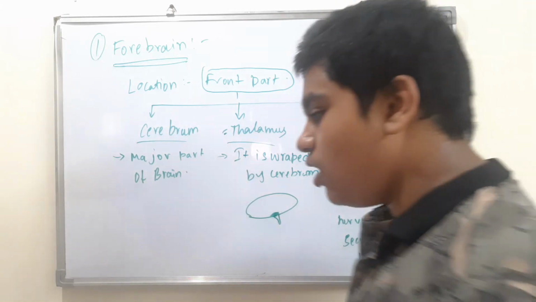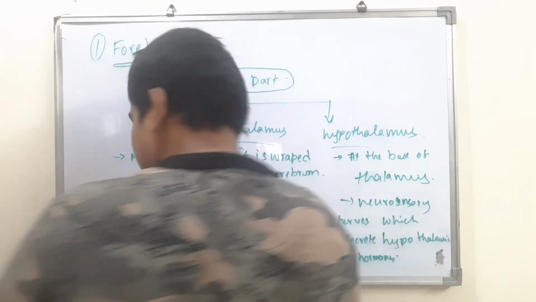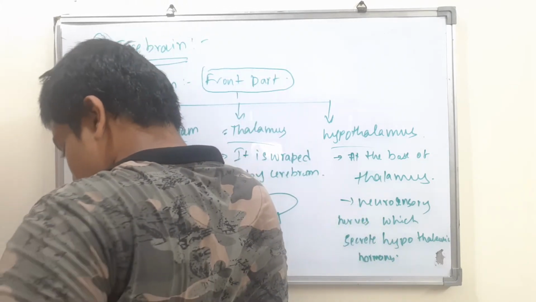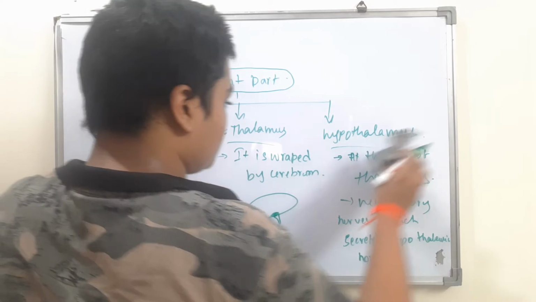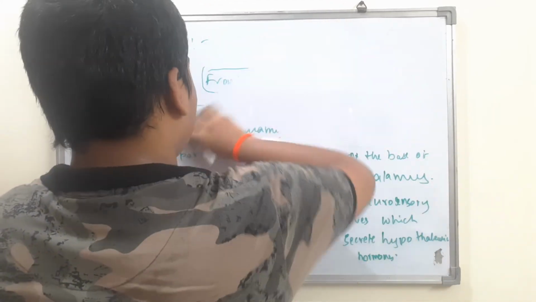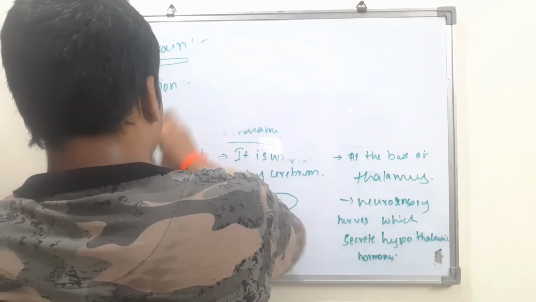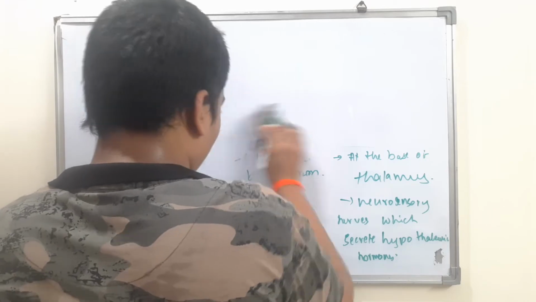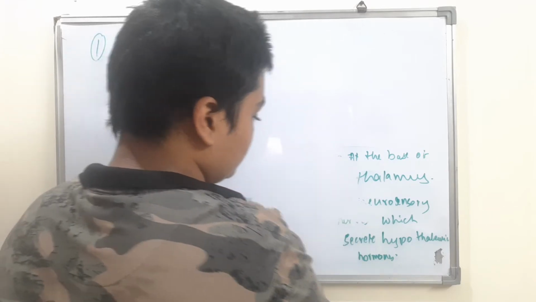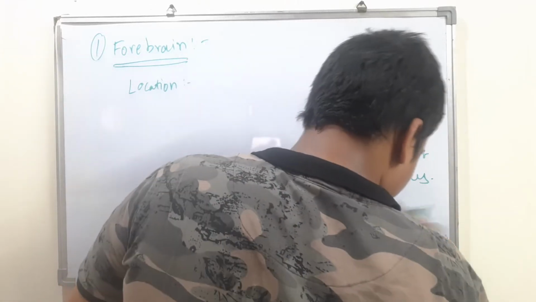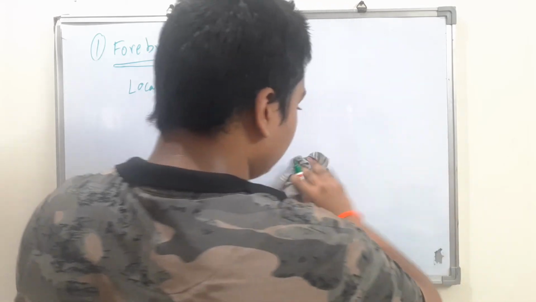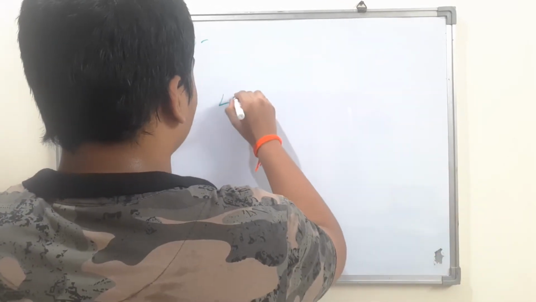Now we have a small part called the limbic system or limbic lobe of the brain. This is also a part of the thalamus only.